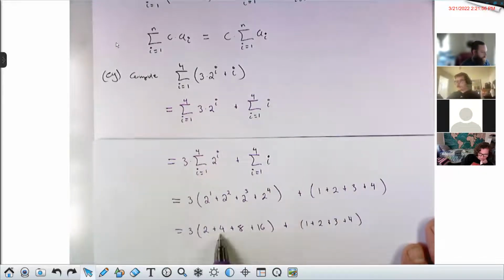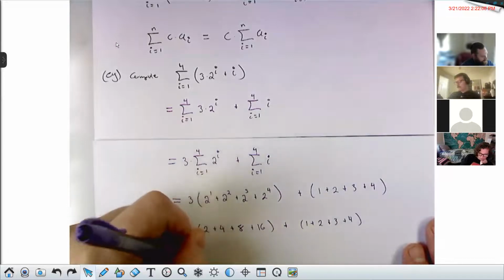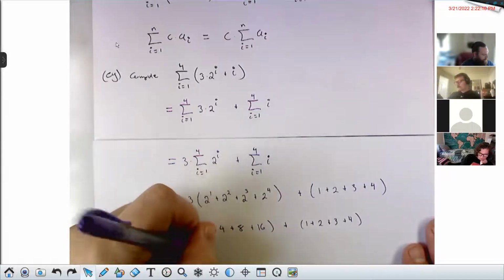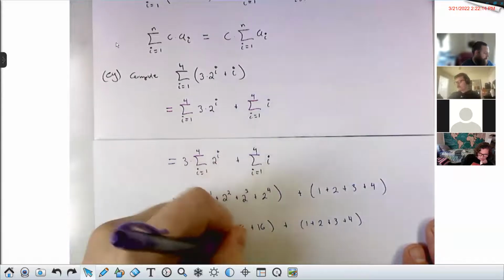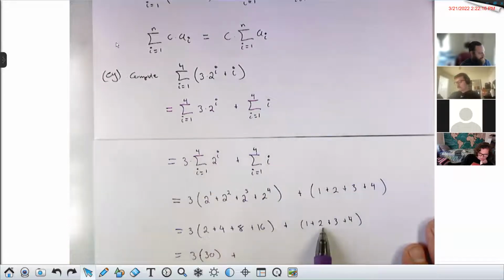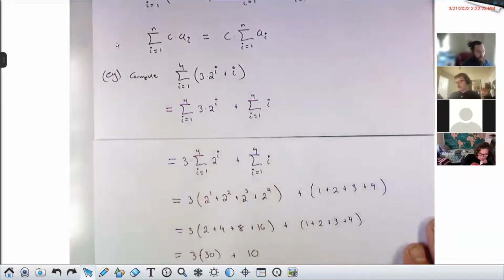Okay, so 2 plus 4 is 6. 6 plus 8 is 14. 14 plus 16 is 30. This is 3 times 30 plus 1 plus 2 is 3, plus 3 is 6, plus 4 is 10. So we get, oh, this is unplanned.